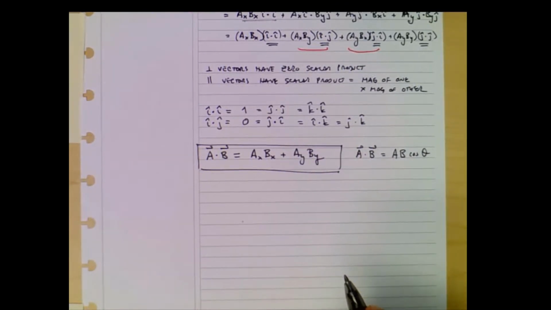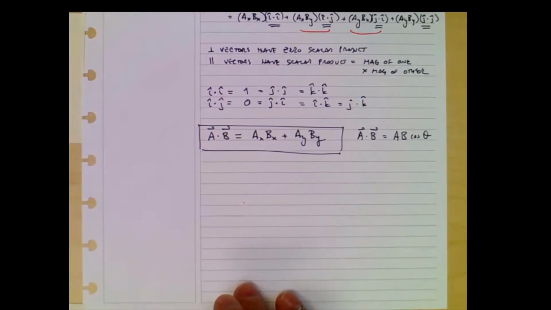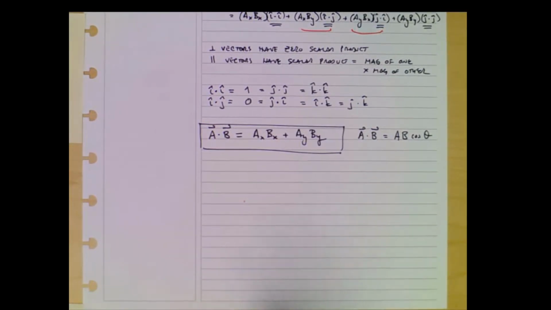Three-dimensional angles between two vectors are hard to even visualize, let alone calculate, except that our technique now is going to involve the scalar product.